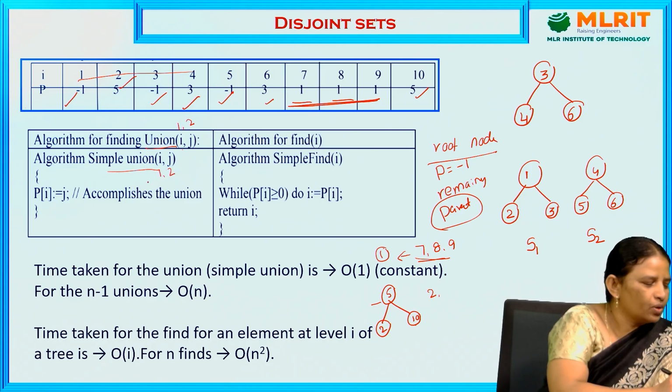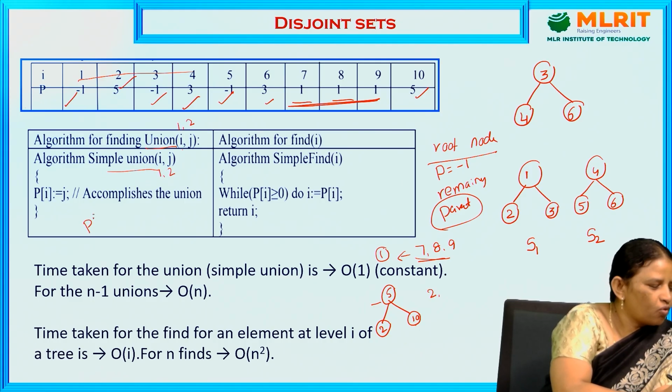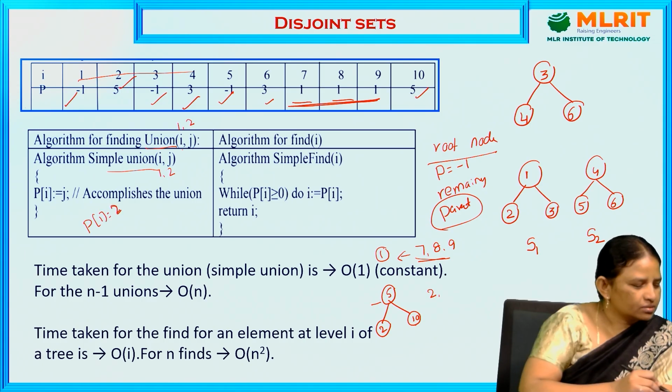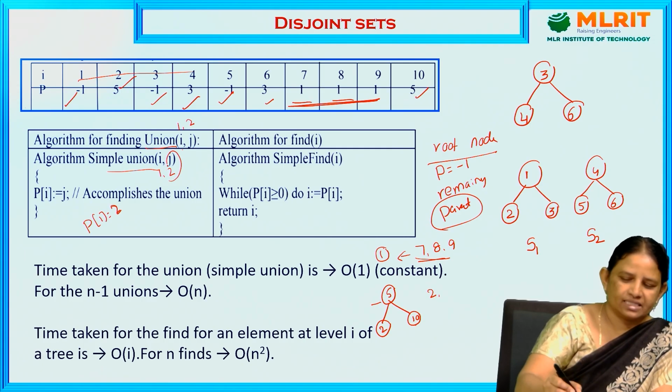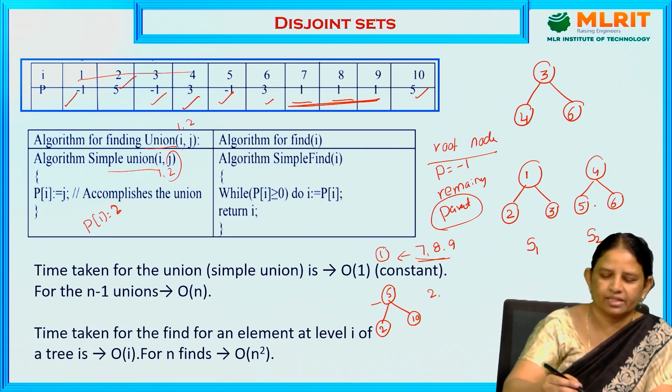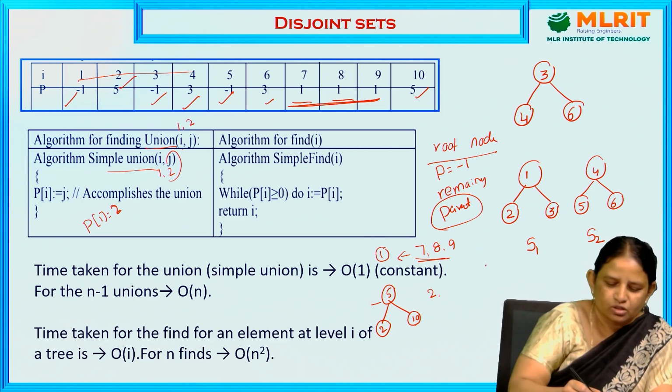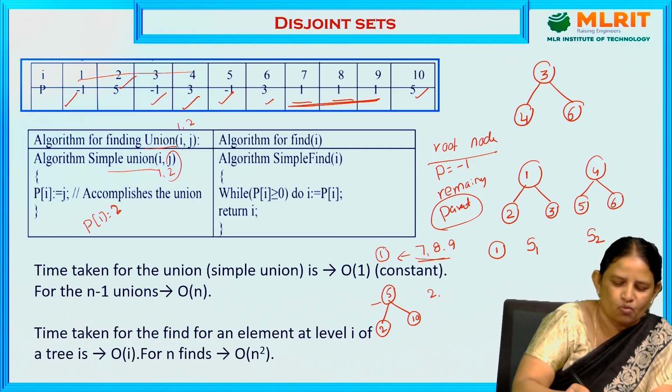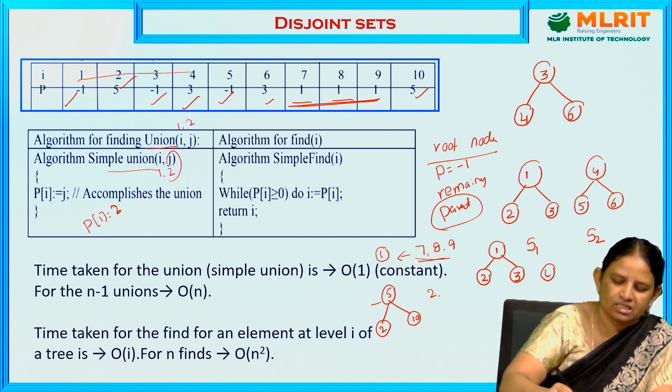1, 2. Then, parent of 1 is 2. That means second node or second set parent is 1. That means we are going to join. So, actually before that there is 1, 2, 3. Next, second node parent. This is the second node.